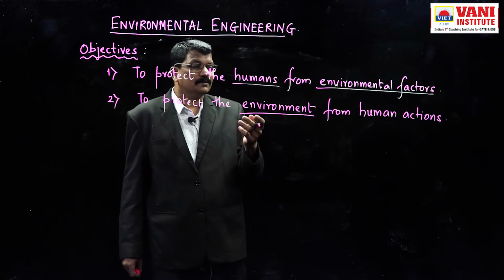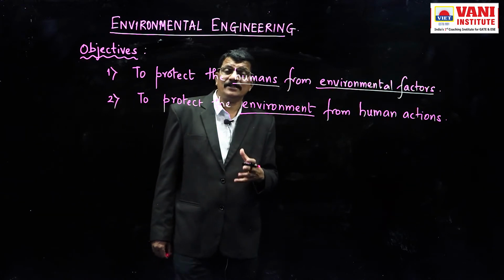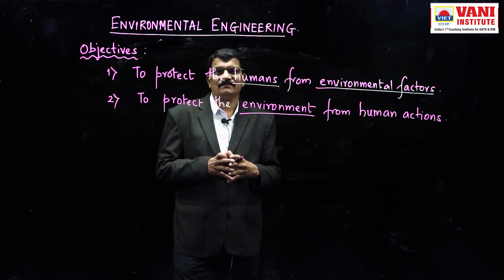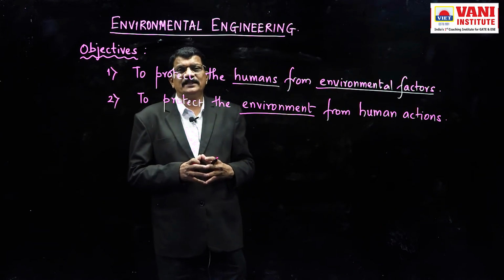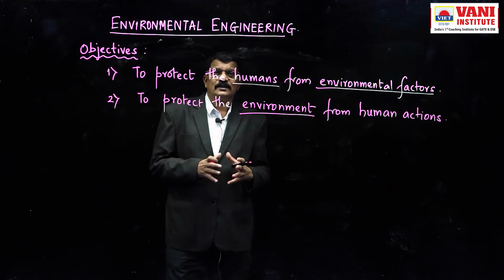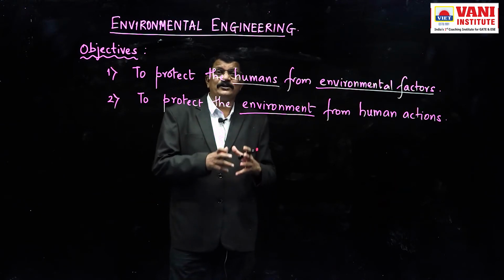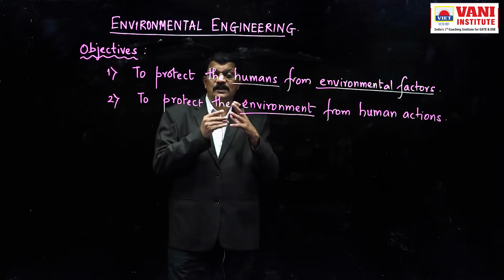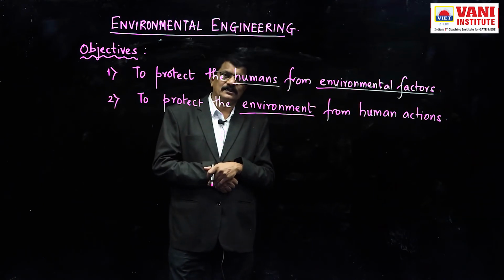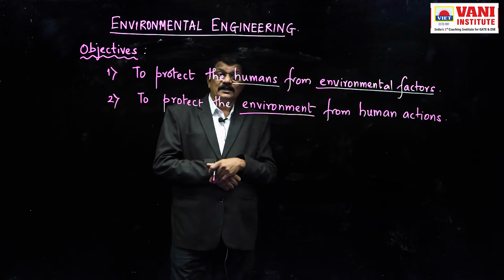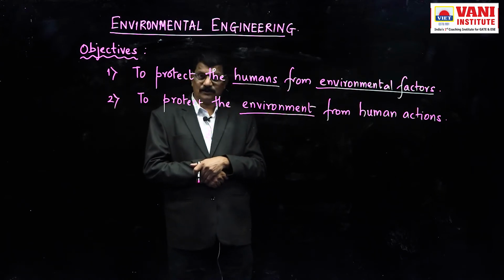So the environment in turn has to also be protected. And out of all the living species, if at all any species can damage the environment to a significant scale, it is the human beings. So here we have to understand both.